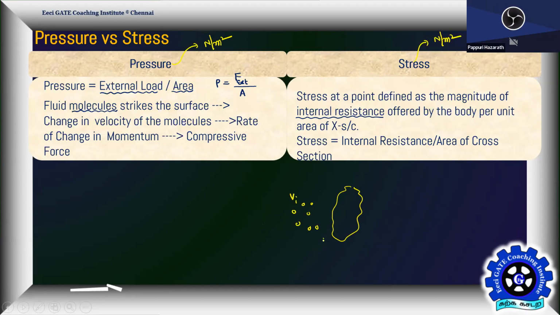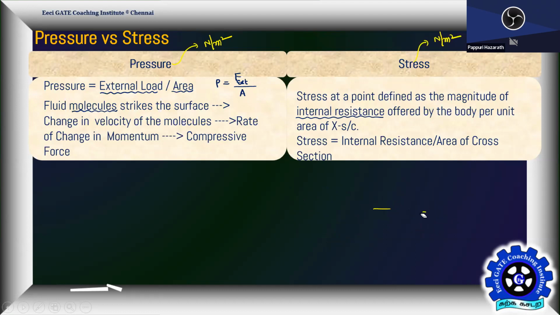After striking the surface, the velocity of the molecule changes. Due to change in velocity, change in momentum comes into the picture. Rate of change in momentum is nothing but force. The magnitude of this external force acting per unit area of cross-section is called pressure. Like this we need to explain in front of the interviewer.